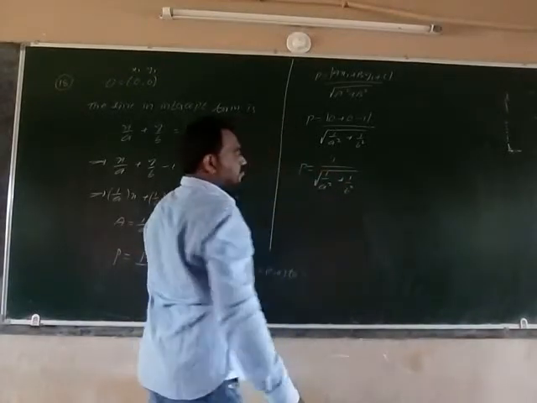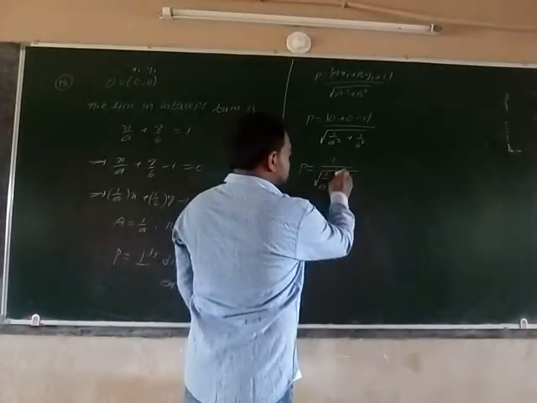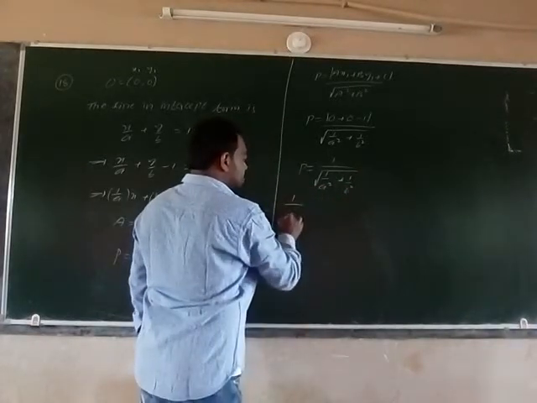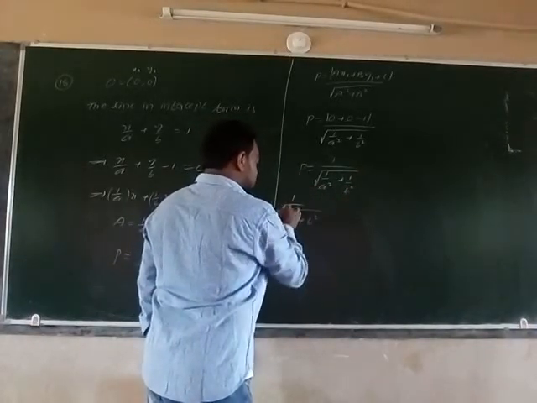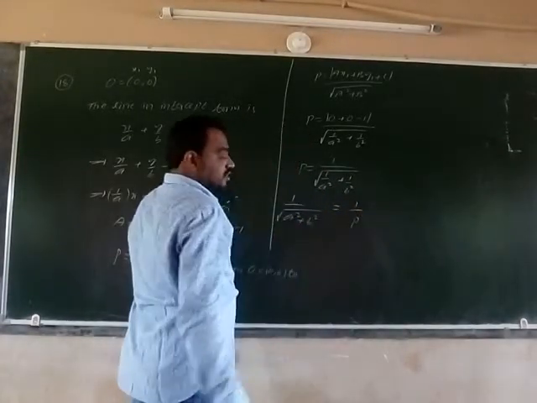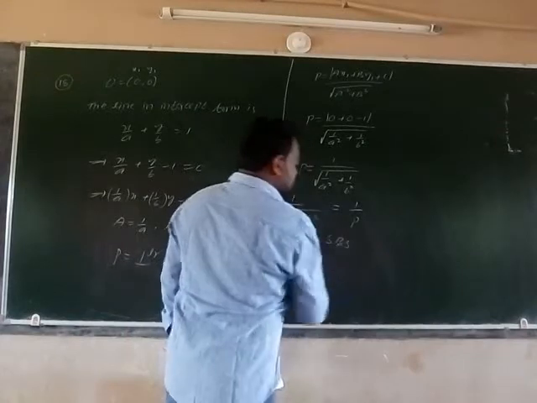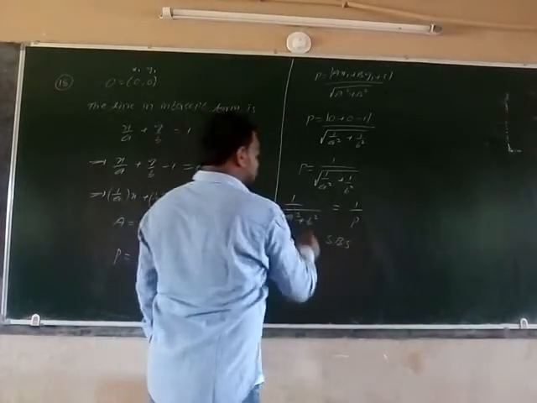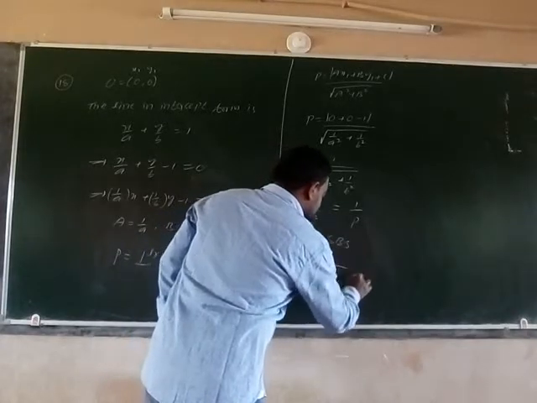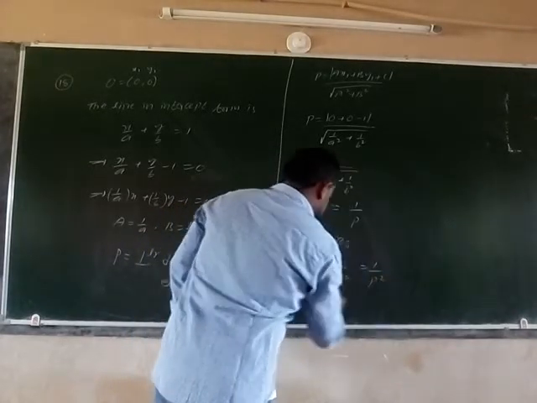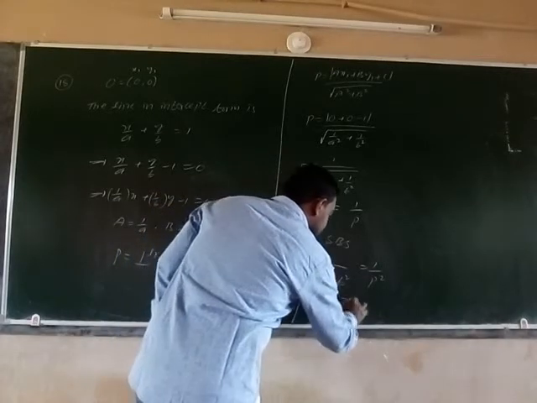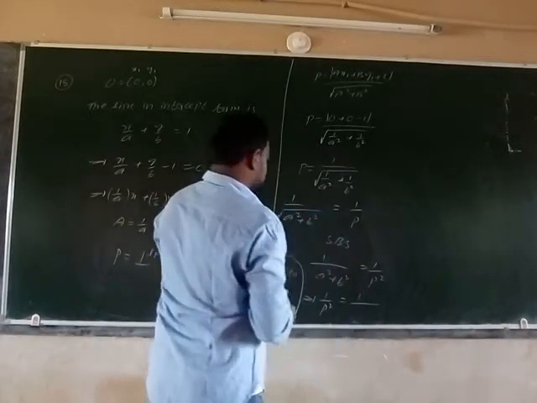Now take this square root of 1 by A square plus 1 by B square to the left side, so it equals 1 by P on the right side.